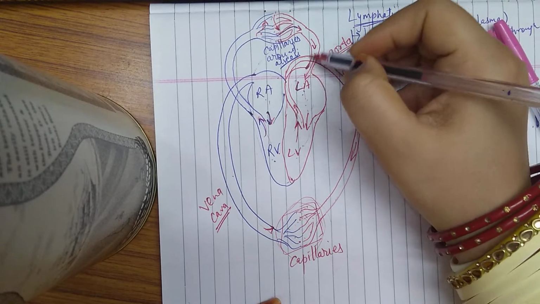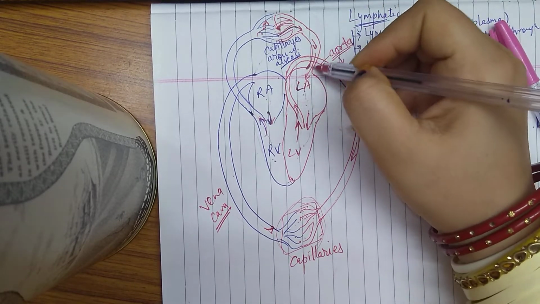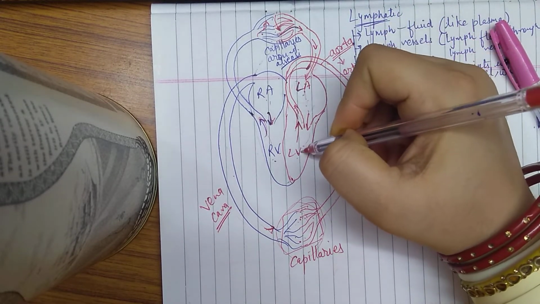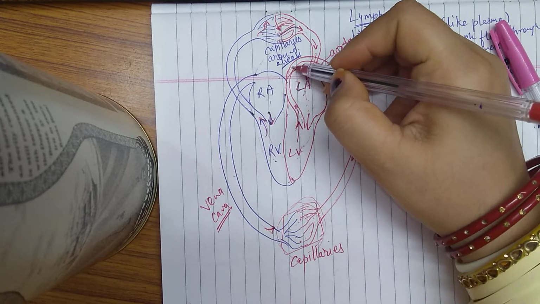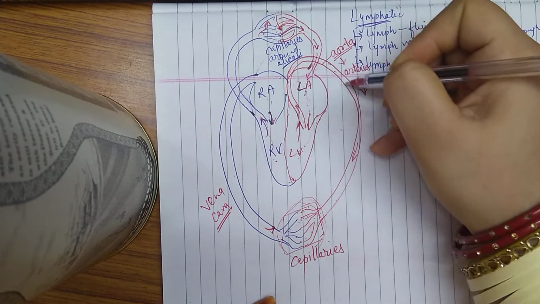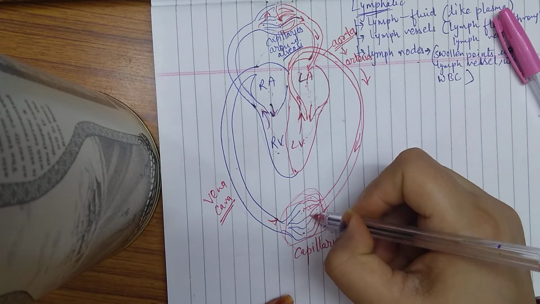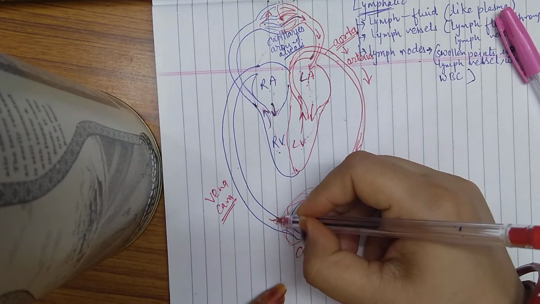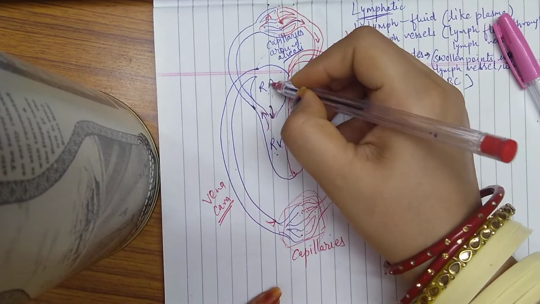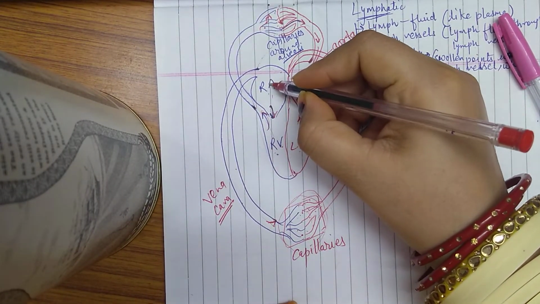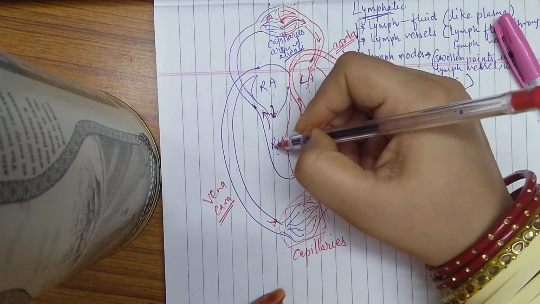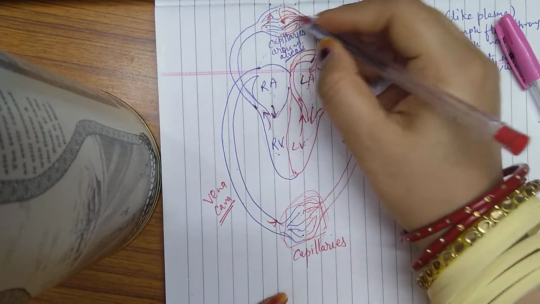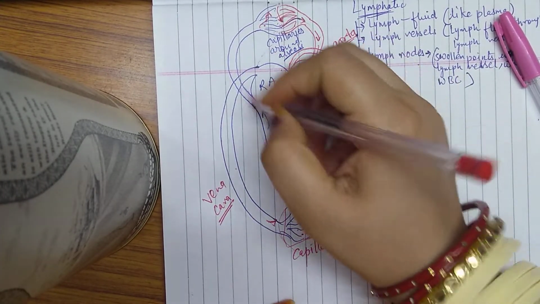So this cycle continues: from lungs to left atrium, then left ventricle, then aorta, and by different arteries to the various body cells. Then by different veins deoxygenated blood is collected and through the vena cava it is sent back to the right atrium, then to the right ventricle, and again to the lungs. So this is the cycle of blood flow.